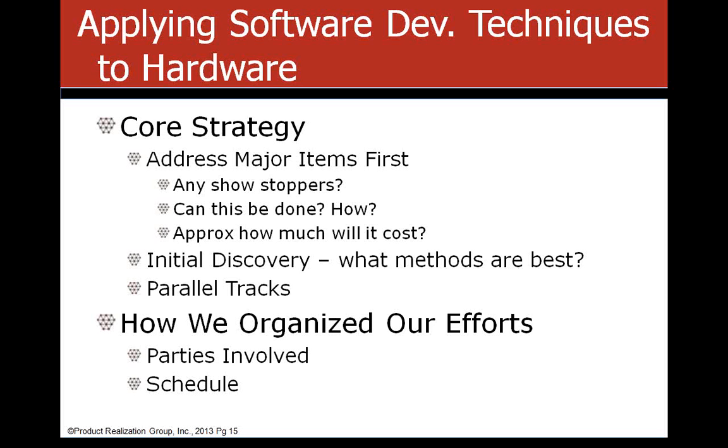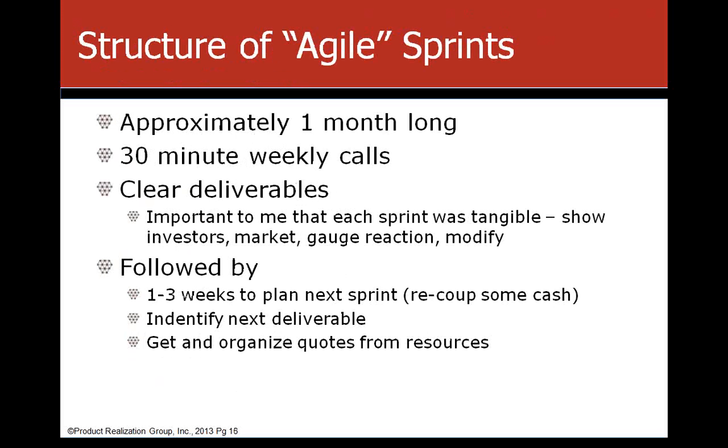Some of these questions were answered during feasibility, but as we learned more and more about the production of the device, we were able to continue to address them. So we organized our efforts by continuing the notion of doing these sprints. I mentioned that we have a software product, and the software development follows the Agile methodology of trying to build and launch products very quickly, yet being agile enough to respond to the market and make different changes.